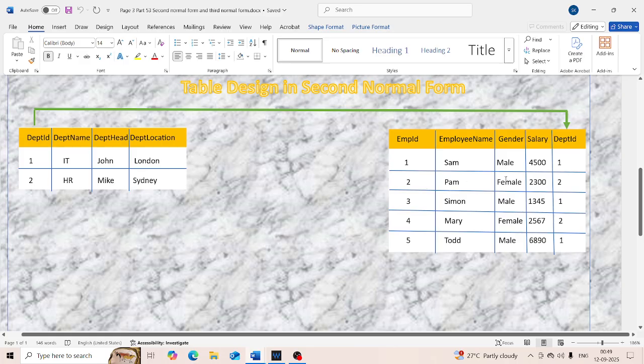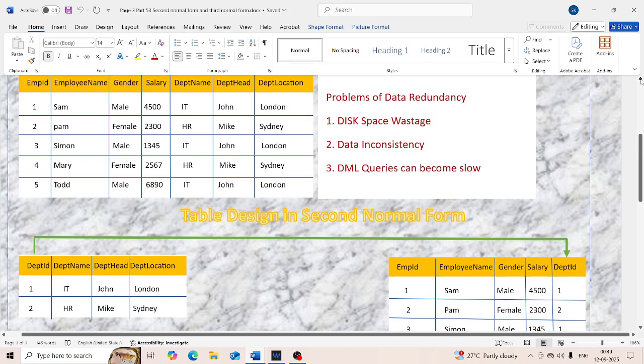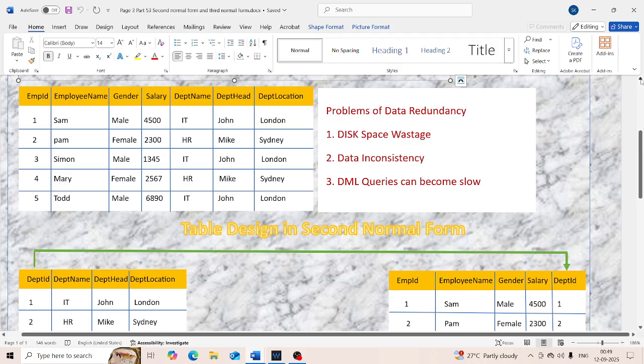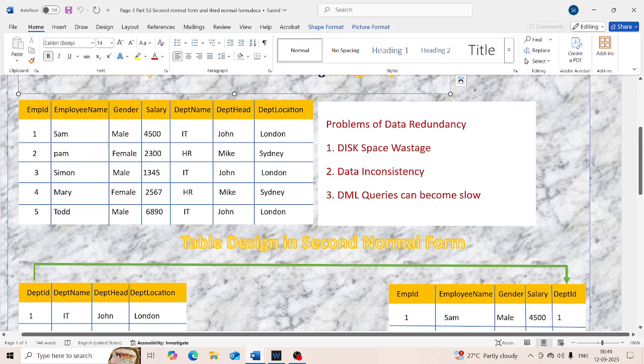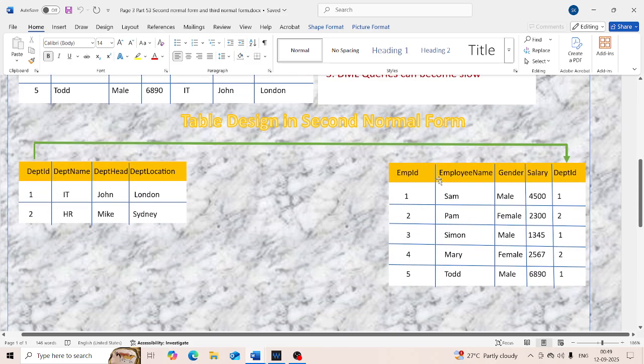And then if you look at this employee table, the regular columns employee ID, employee name, gender, salary are present. Employee ID, name, gender and salary are present here also.